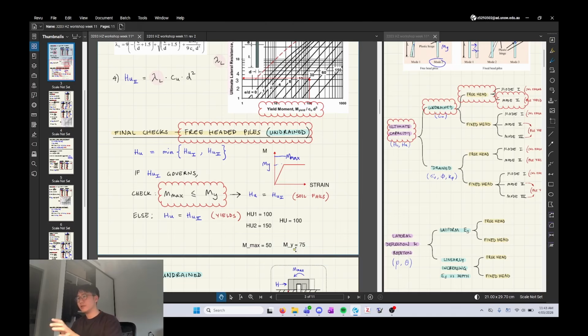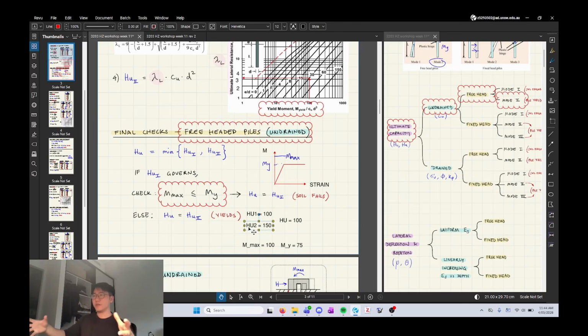If this is the case, then HU is 100 and there's no problems, because it's less than that. But if the max moment that's applied is actually 100, now, like with my old notes, it's saying that actually the biggest moment that can be applied is 150, so this should be set as 150.